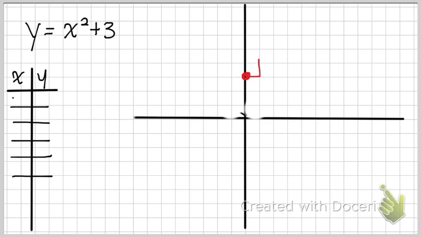It's over 1 and up 1, and that's one of the points. And then it's over 2 and up 4, and that's another point. And then I did the symmetry of that. So those are my vertex, and then the points to the right and the points to the left. And that's the graph of y equals x squared plus 3. We'll talk about those 2 points to the right and left a little bit more with another example here.